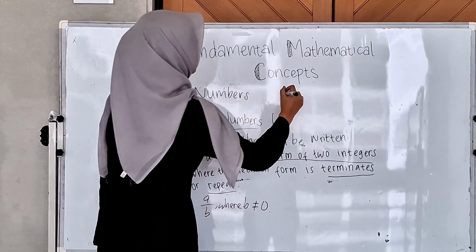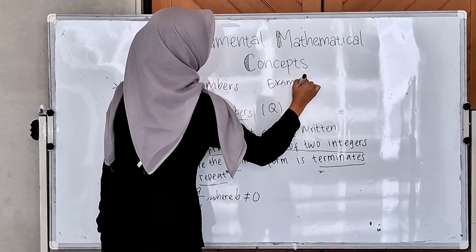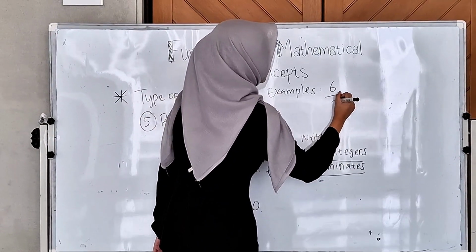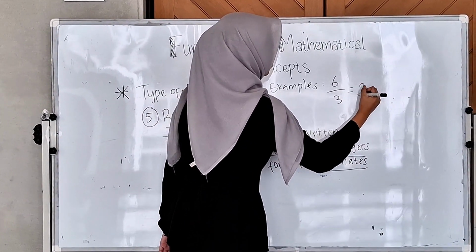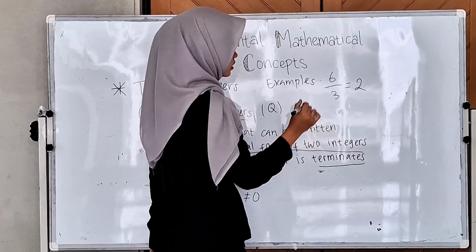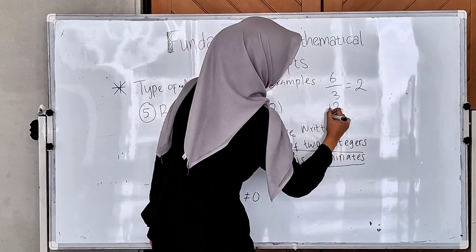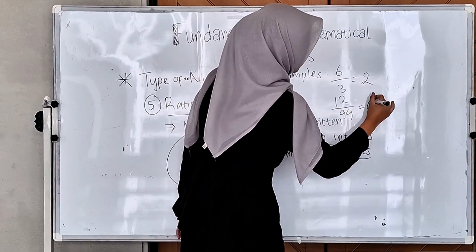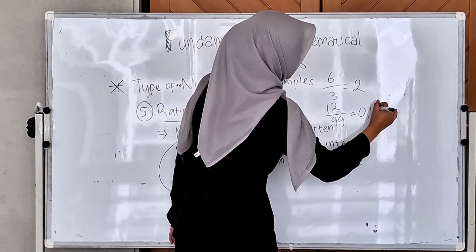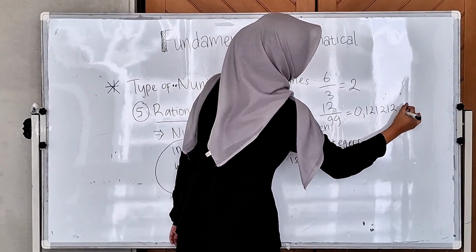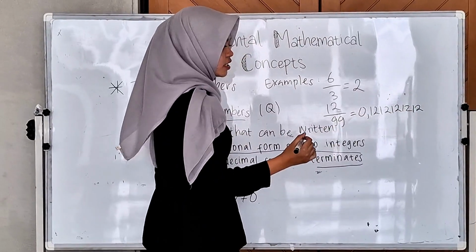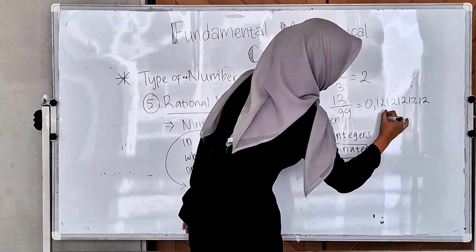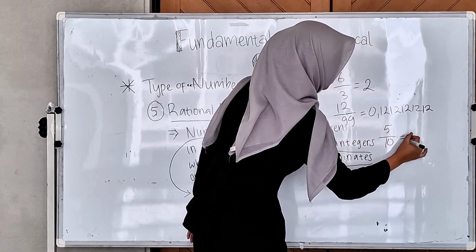For examples, 6 divided by 3 equals 2. The next example, 12 divided by 99 equals 0.12. The third example, 5 divided by 10 equals 0.5.